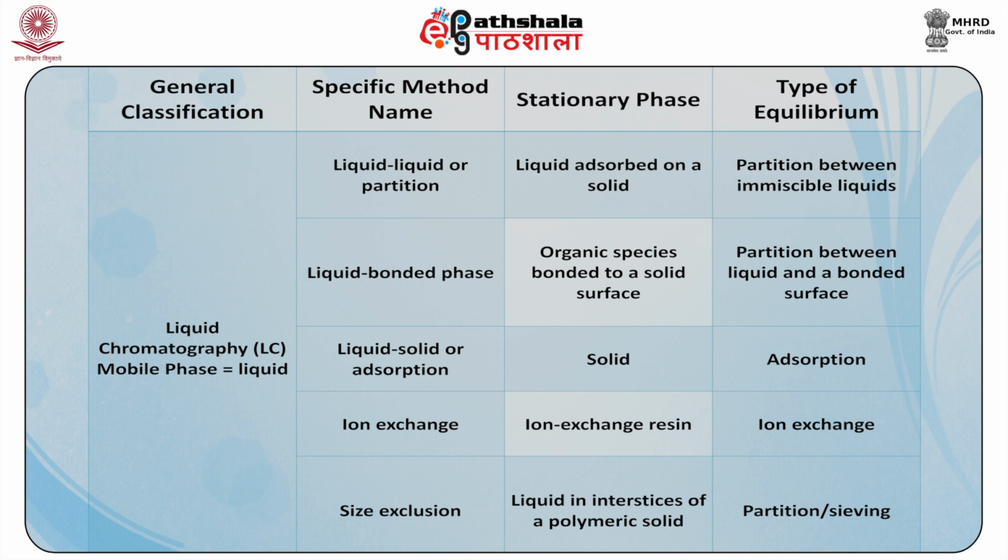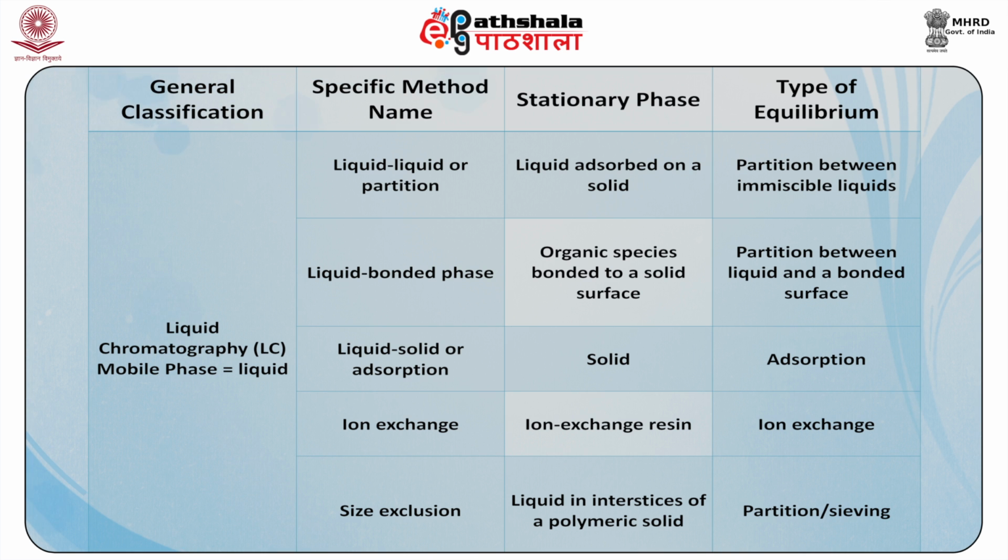The third type is liquid-solid or adsorption, where the stationary phase is a solid and the type of equilibrium attained is adsorption. Next is ion exchange, wherein the stationary phase is an ion exchange resin and the type of equilibrium is attained by ion exchange.